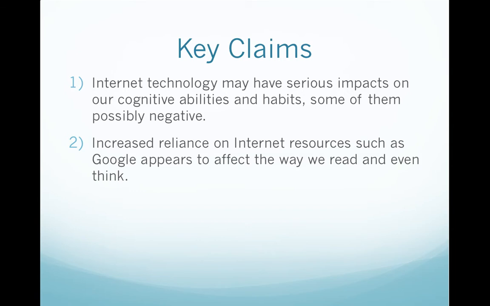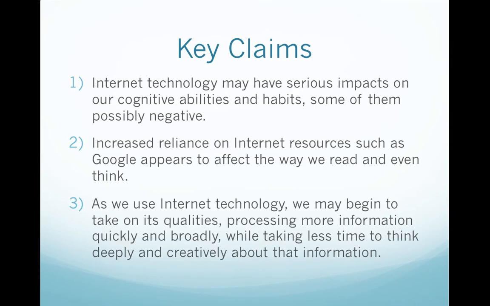I think he's also saying that increased reliance on internet resources such as Google appears to affect the way we read and even think. That's maybe a bit more of a supporting claim to the first one, but I still think one of the big ones that he's focusing on. And lastly, as we use internet technology, we may begin to take on its qualities, processing more information quickly and broadly while taking less time to think deeply and creatively about that information.